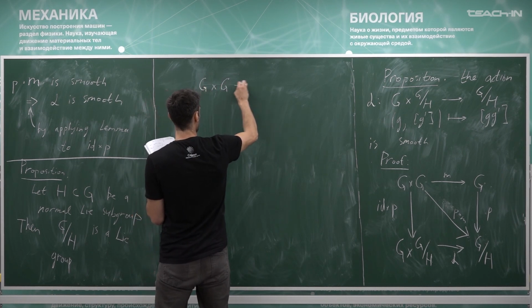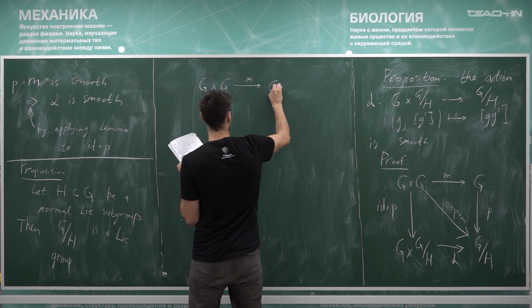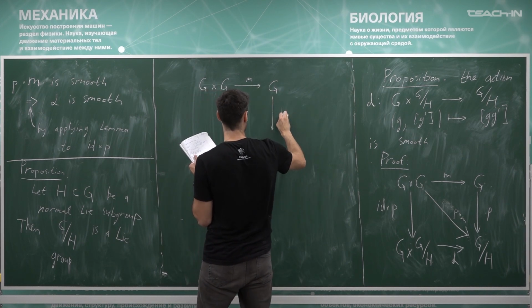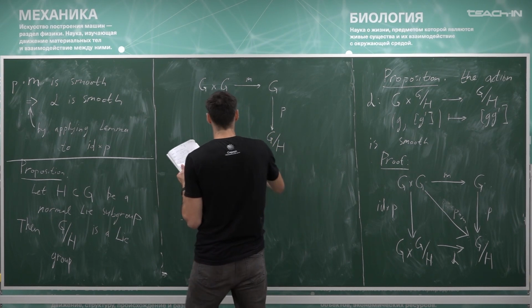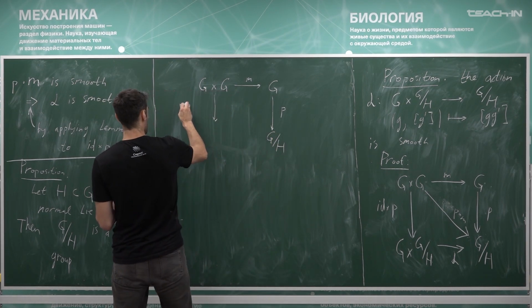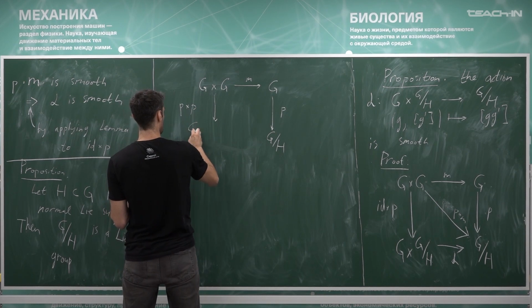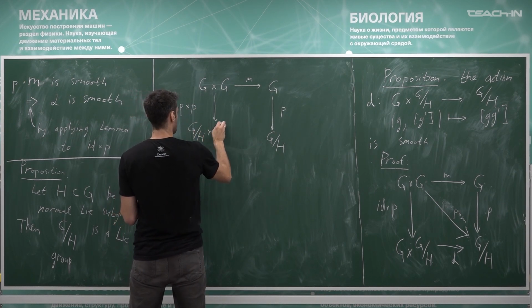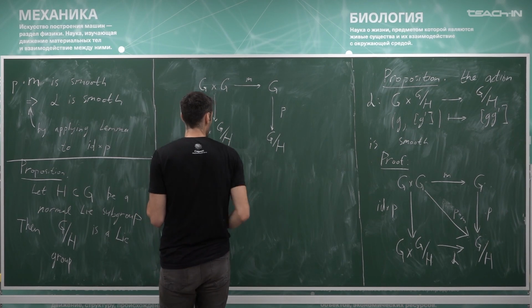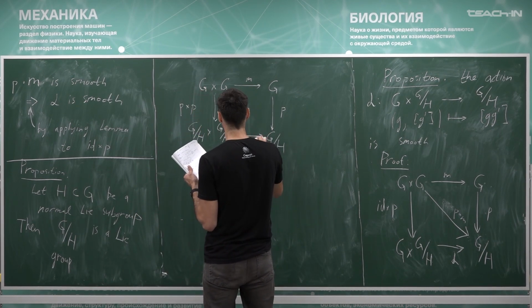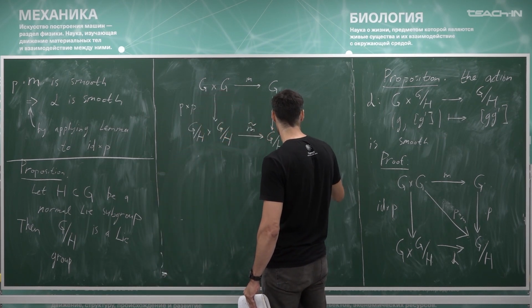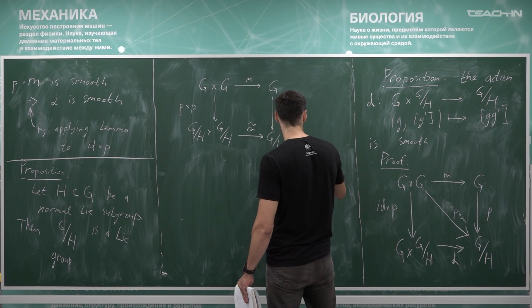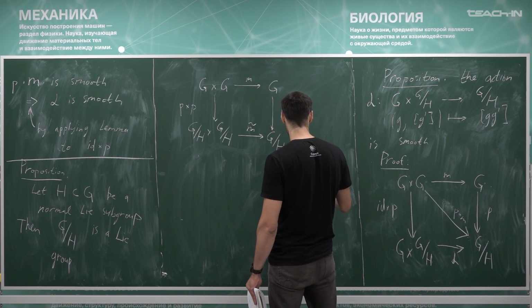G times G by M goes to G. Then we have projection here. Then we have projection times projection here. And then here we have what is multiplication in G quotient by H. So M tilde is multiplication in G quotient by H.